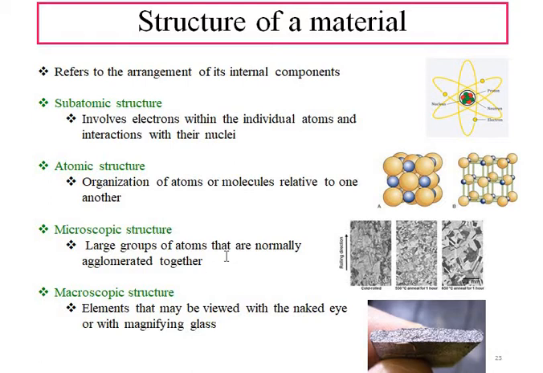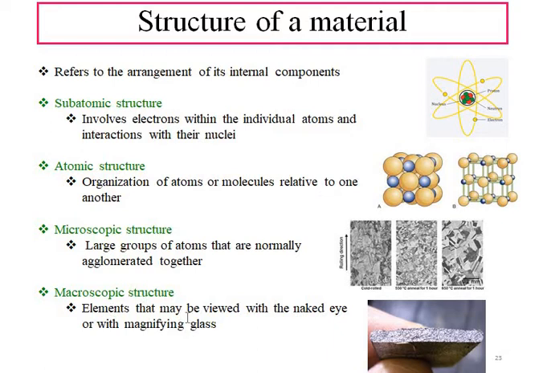It's entirely different. Such equipment is used for microscopic level studies. Up to nano level we can study with the help of scanning electron microscopes and transmission electron microscopes. Okay, so next one is the macroscopic structure.